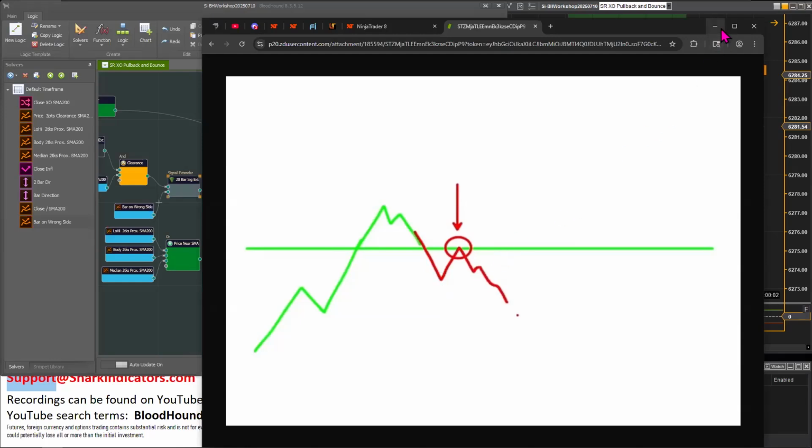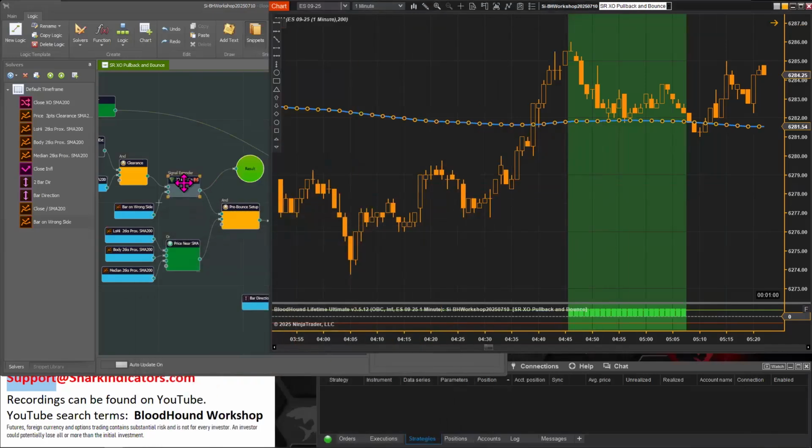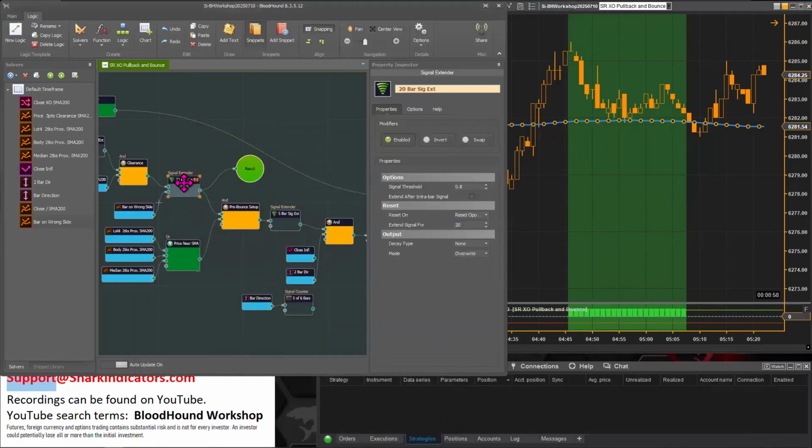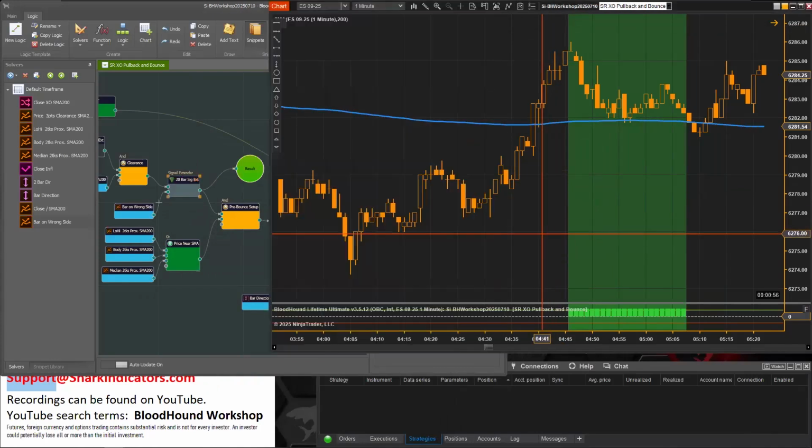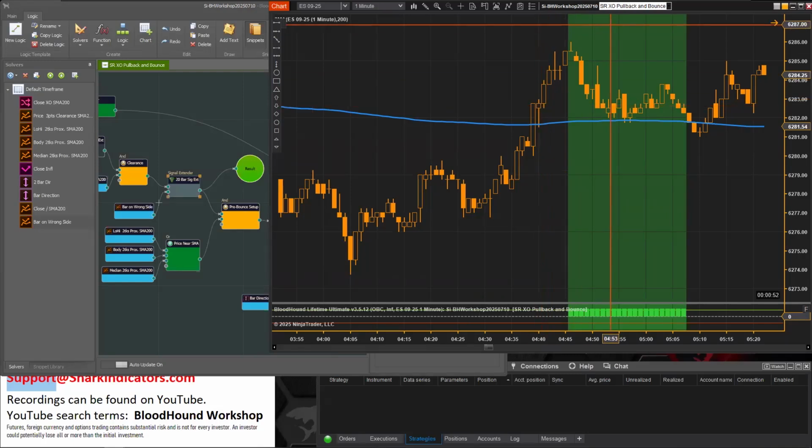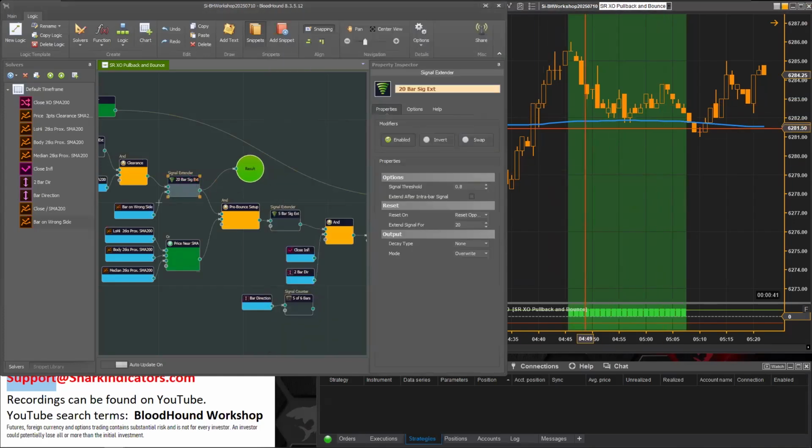So this 20 bar extension is a more liberal approach, giving the market more time to move away further before it pulls back. But when it does pull back, we do need to turn this off, so that we don't get signals further down the road here.